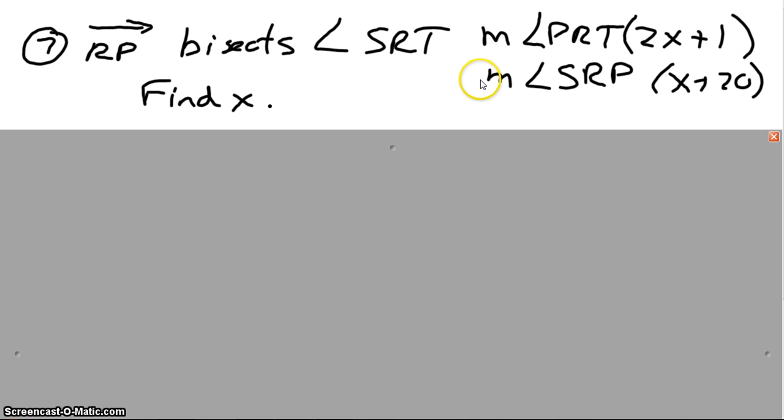And the measure of angle SRP is x plus 20. So find x. So there's a lot of information given. This says measure of SRP, and this should say x plus 20. Okay, I'll make it look a little better.